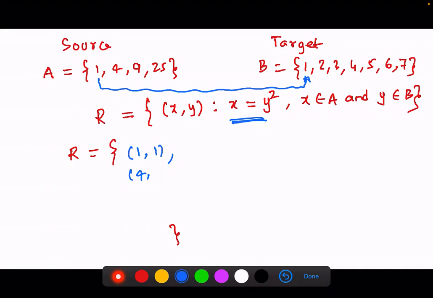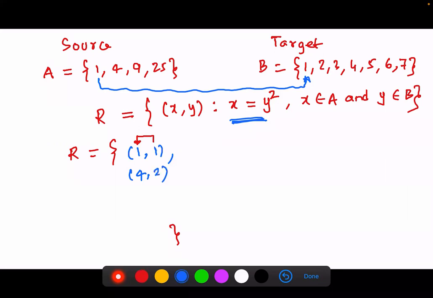No, Harsha. Y square is x. See, I am squaring this to get this. I'm squaring the y value to get the x value. So then it would be 2. Harsha, you understand?